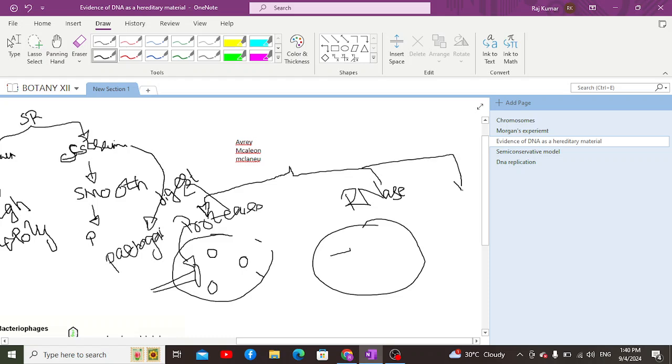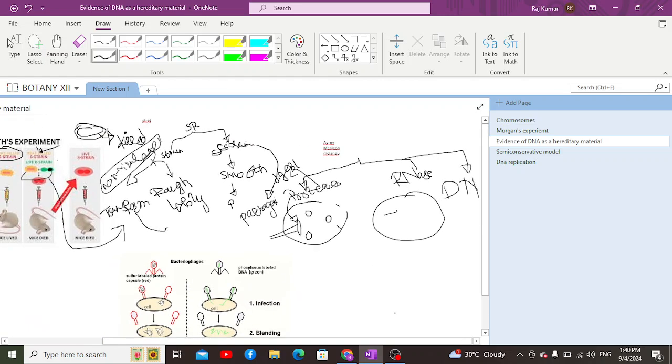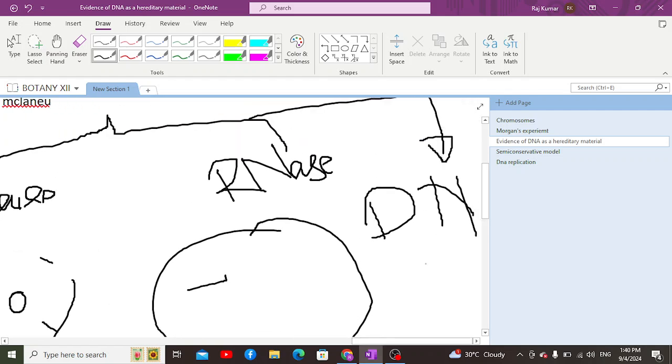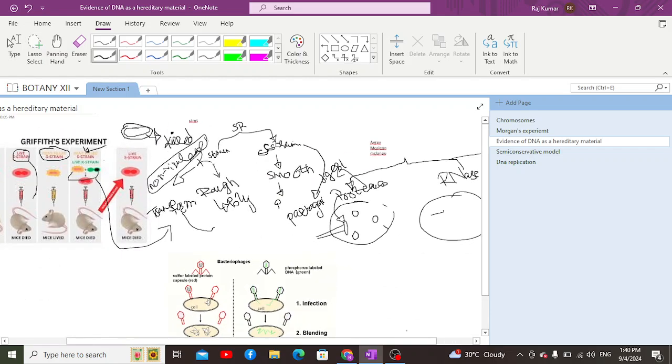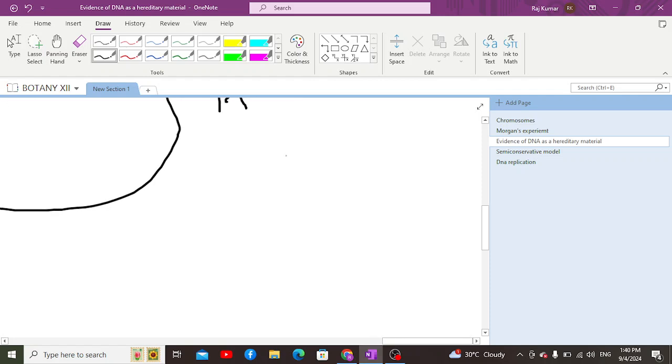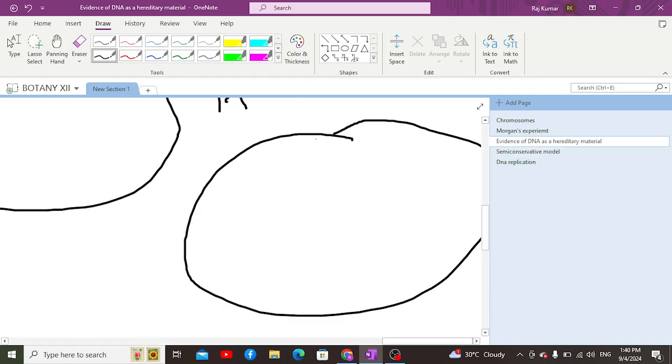But in the third experiment, they utilized the DNase enzyme in order to hydrolyze the DNA molecule. At that moment, they observed a stop in the process of transformation inside the culture dish.